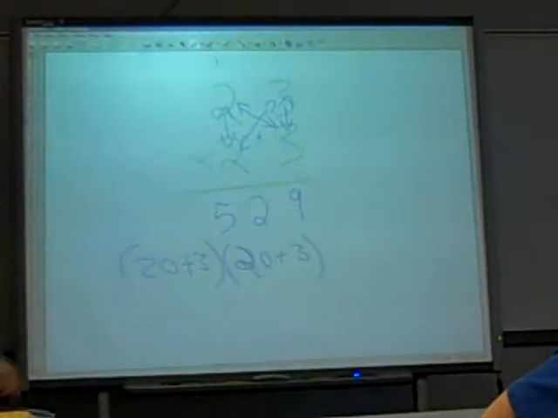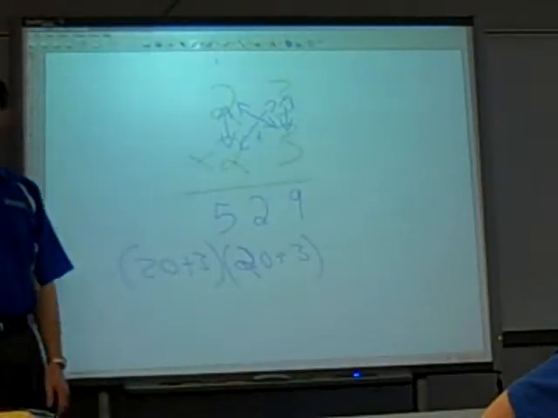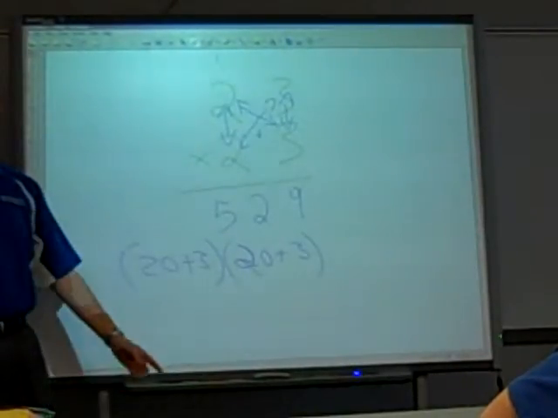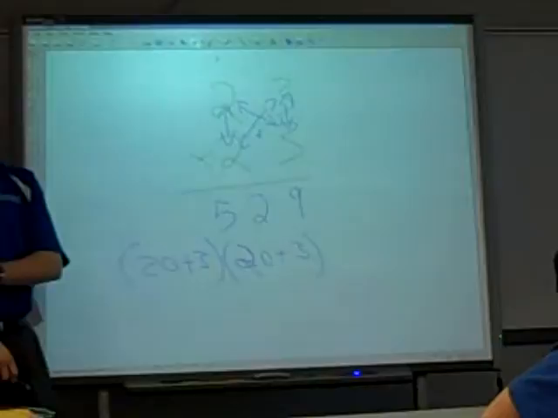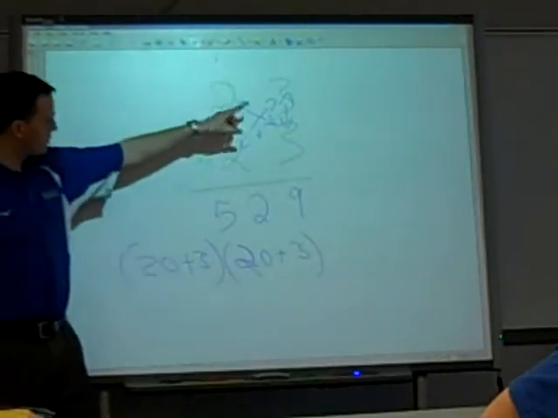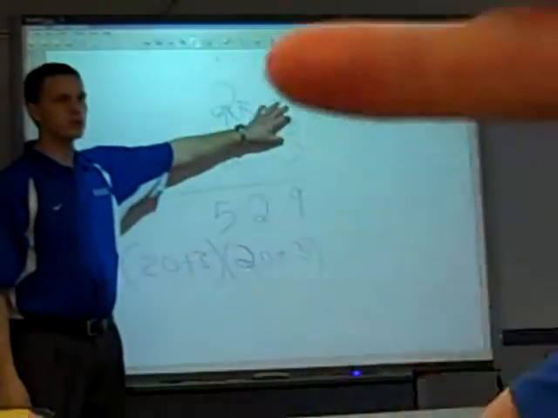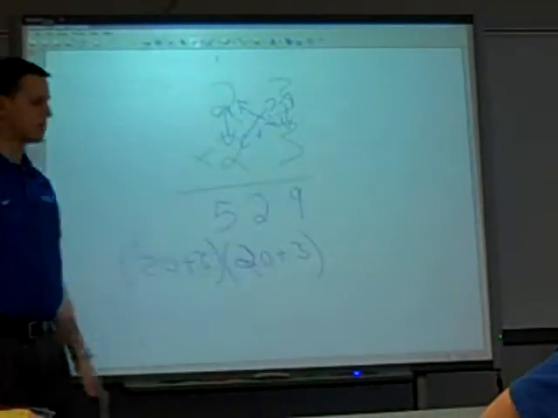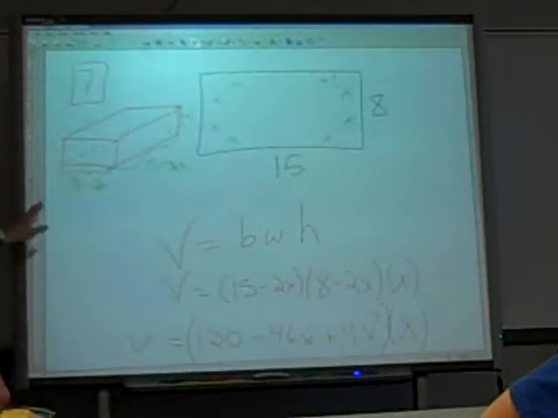What I did with arrows is the same as FOILing it: 23 is 20 plus 3. When does that work? All the time. You ruined it, Ross.